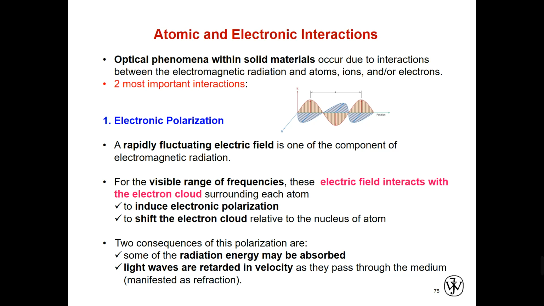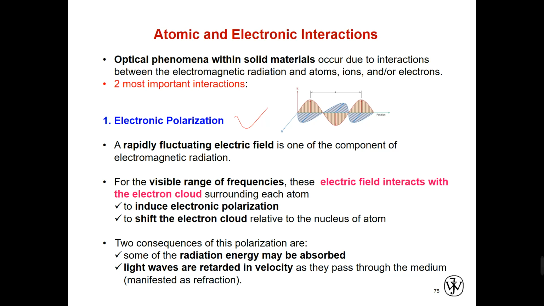The two most important interactions, number one will be electronic polarization. What is electronic polarization? A rapidly fluctuating electric field is one of the components of electromagnetic radiation. So at the visible range of frequencies, this electric field interacts with the electron cloud surrounding each atom to induce electronic polarization, to shift the electron cloud relative to the nucleus of the atom.